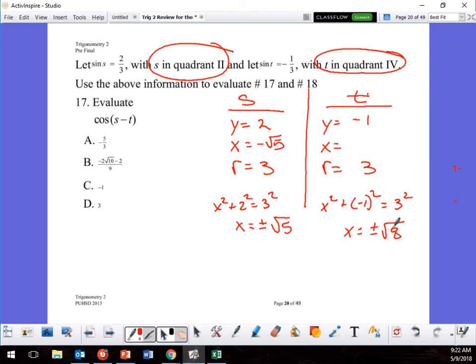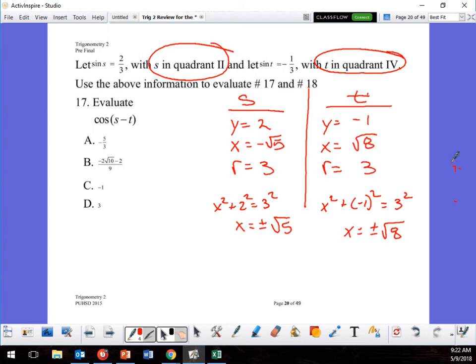In quadrant 4, what do we know about the x value? It is going to be positive. So this is going to be a positive rad 8 there.